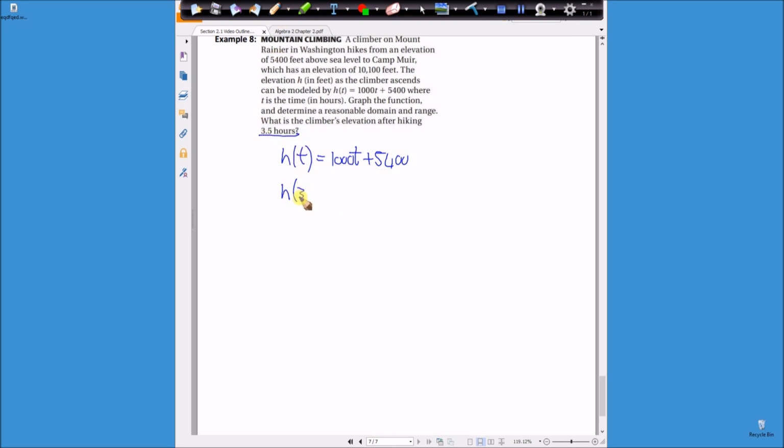So h of 3.5 equals 1000 times 3.5 plus 5400. That's 3,500 plus 5,400, and the result is 8,900 feet. So after 3.5 hours using this function, the climber will be at 8,900 feet.